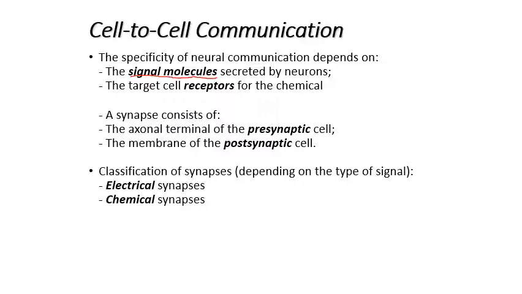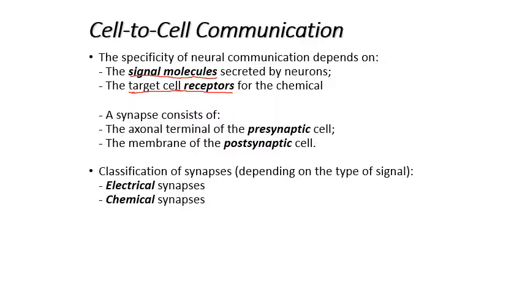And these signal molecules will be secreted at those axon terminals, and we have to have receptors at the target cells. So the neuron releases chemicals, and the target cell has receptors that will receive the chemicals and will get a change in that target cell, depending on what that signal molecule is.